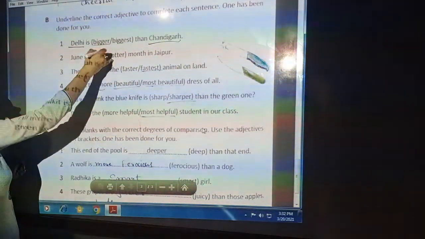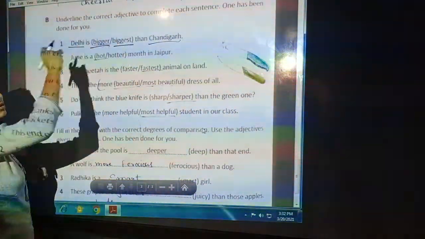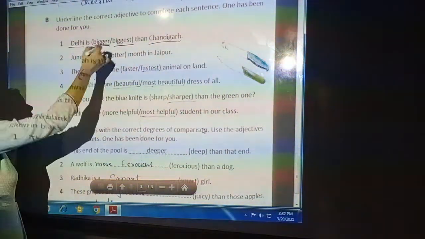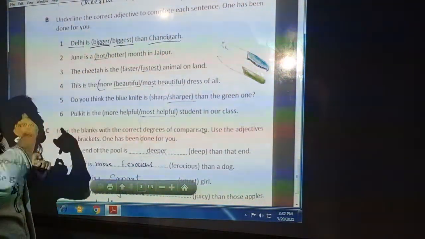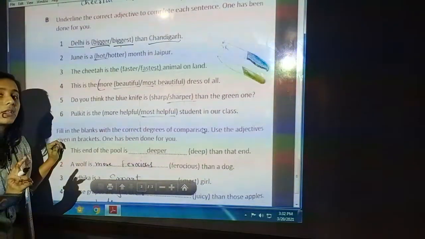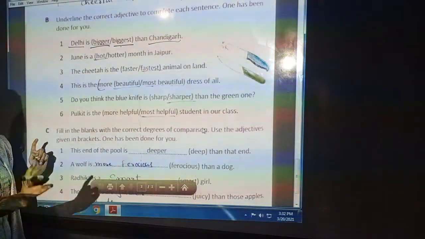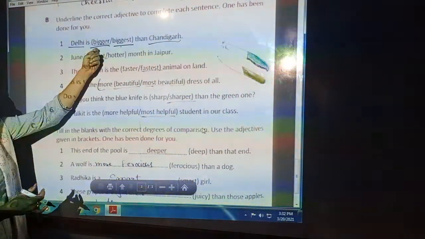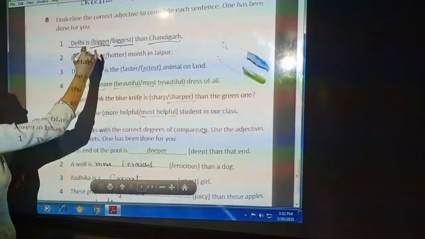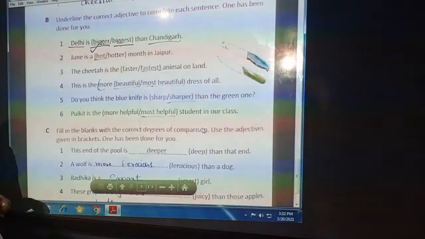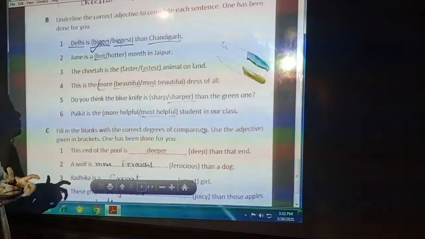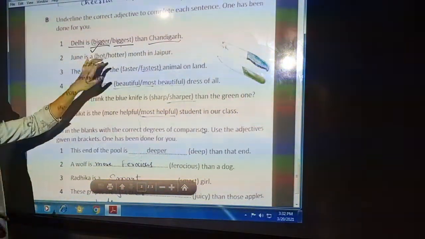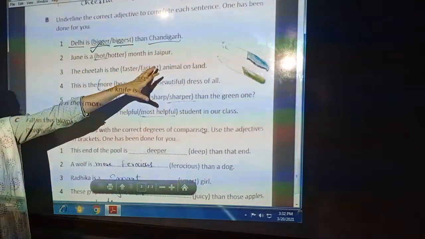So here, bigger and biggest, 2 options are given. est is used for superlative degree and er is used for comparative degree. So when 2 nouns are compared, that is comparative degree, so we will use er, bigger. Bigger is the right one. Next is June is ___ month in Jaipur.